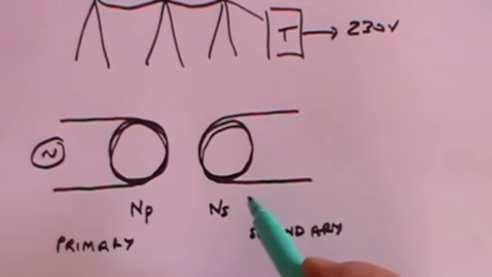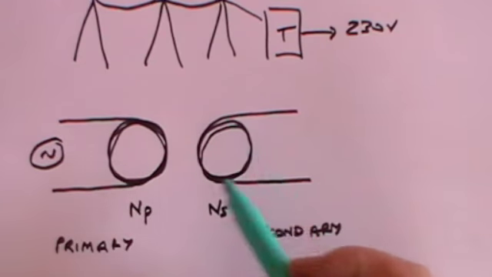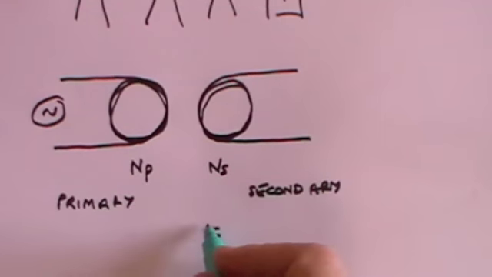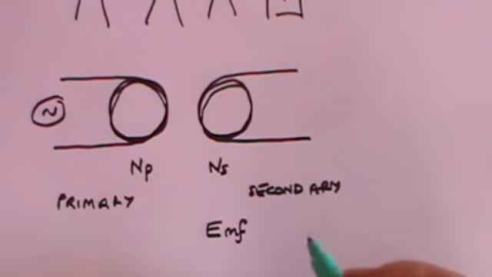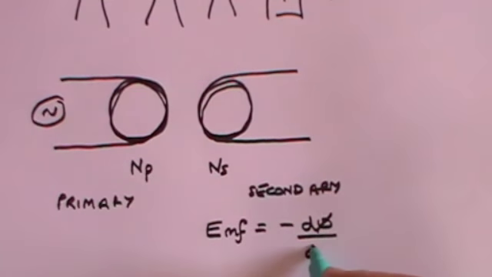And that means that there will be an induced alternating current in the secondary. And we know that the EMF, at any rate, in the secondary, the induced EMF, is equal to minus dφ by dt, where dφ by dt is the rate of change of flux.